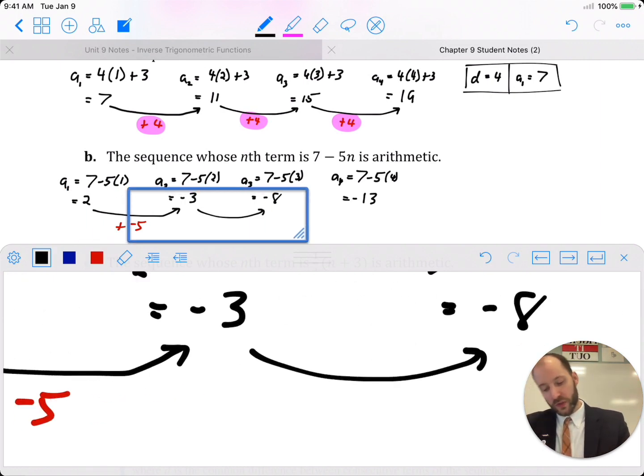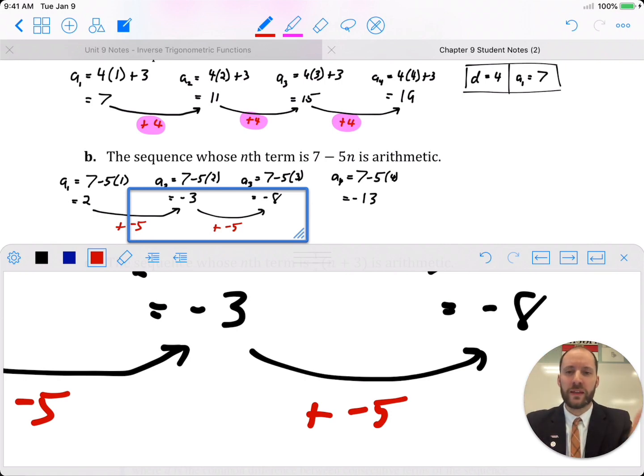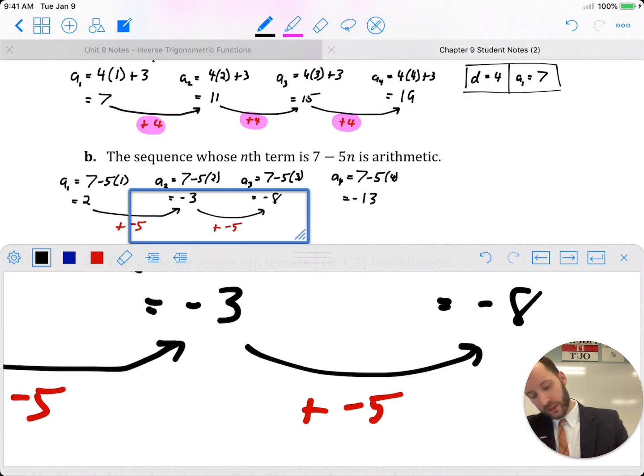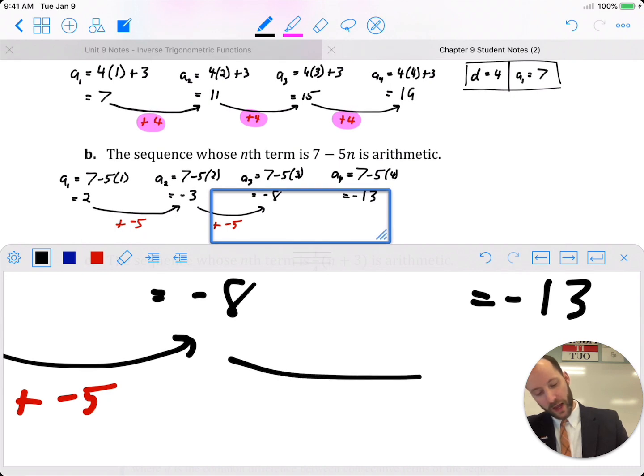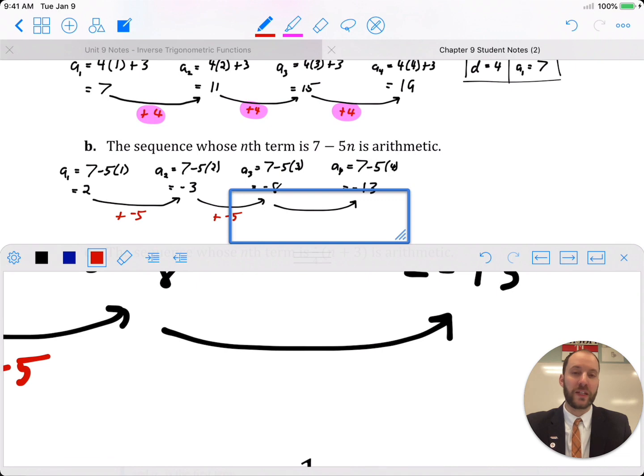So to do 7 minus 5 times 3, I'm not in my mind calculating that. I'm just doing negative 3, the a sub 2, taking away another 5. Mentally I'm not doing 7 minus 20, just taking negative 8 and adding another negative 5 to it.